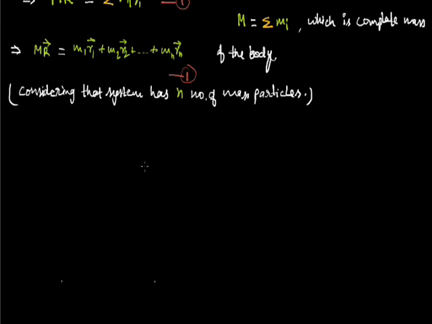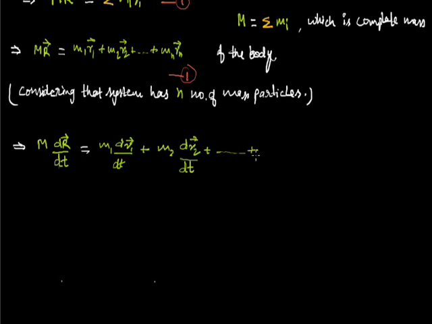Now see, if we differentiate equation number 1 with respect to time, then we will get another term. What is it? M dR upon dt equals m1 dr1 upon dt plus m2 dr2 upon dt plus up to the nth term mn drn upon dt.